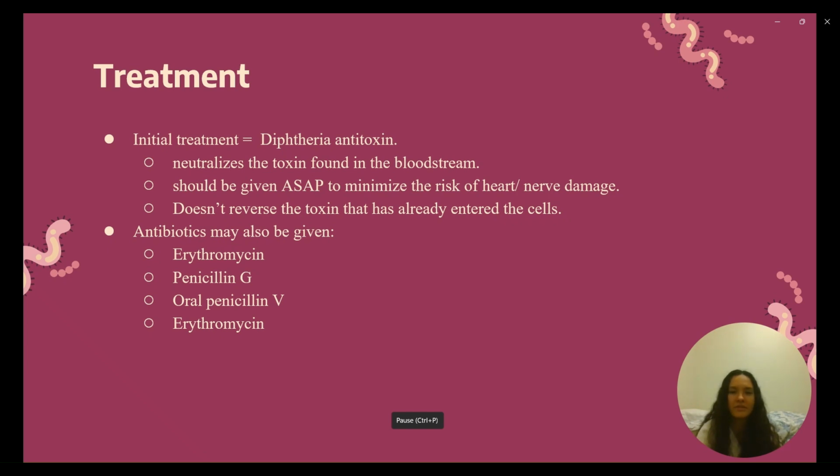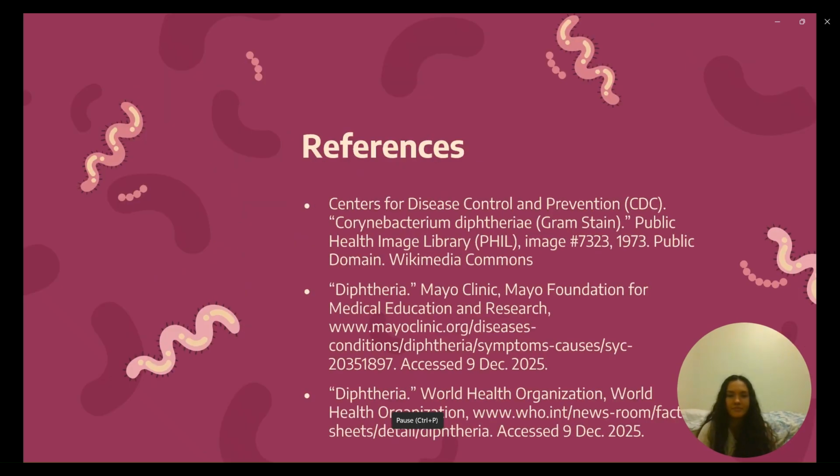It does not reverse a toxin that has already entered the cells. Antibiotics may also be given to the patient with diphtheria. The antibiotics that may be given to the patient are erythromycin, penicillin G, and oral penicillin V or erythromycin for 14 days.